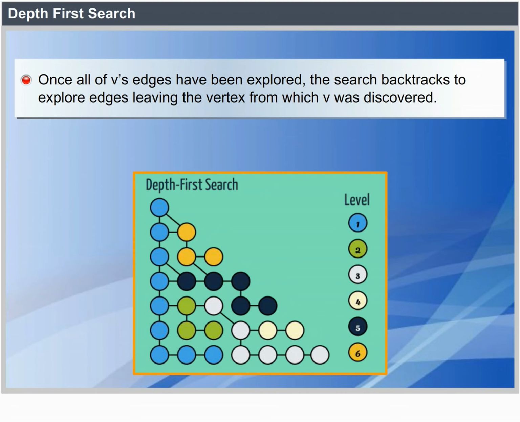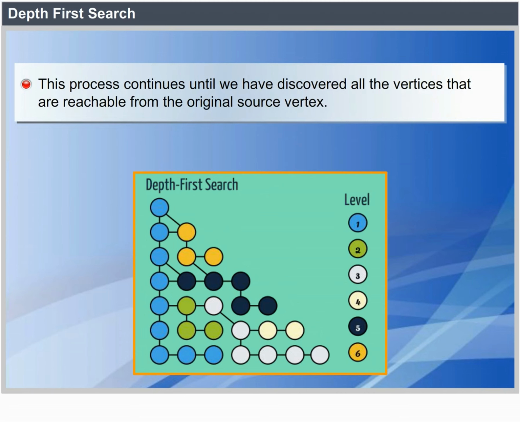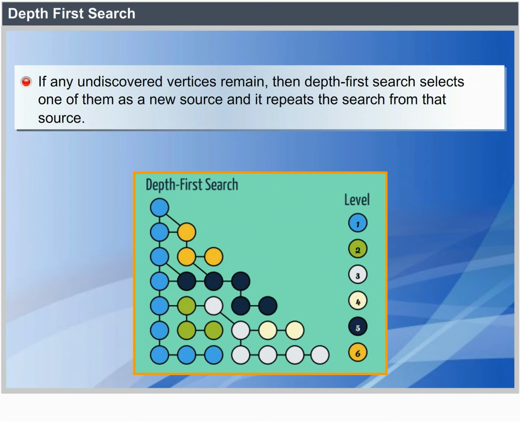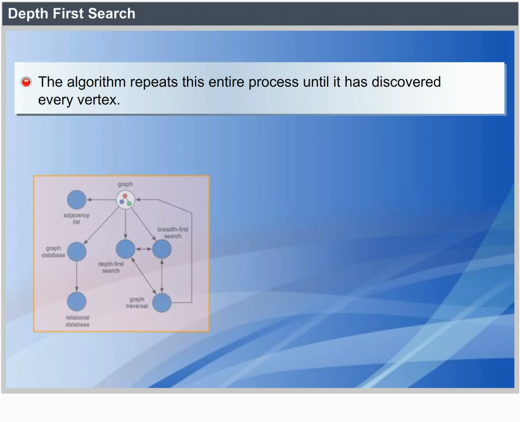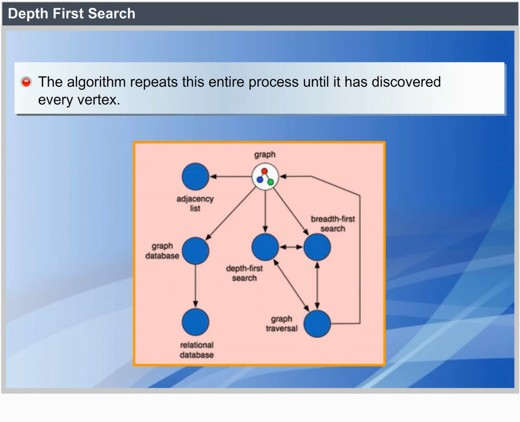This process continues until we have discovered all the vertices that are reachable from the original source vertex. If any undiscovered vertices remain, then depth first search selects one of them as a new source and repeats the search from that source. The algorithm repeats the entire process until it has discovered every vertex.